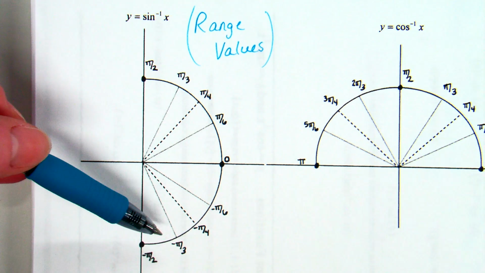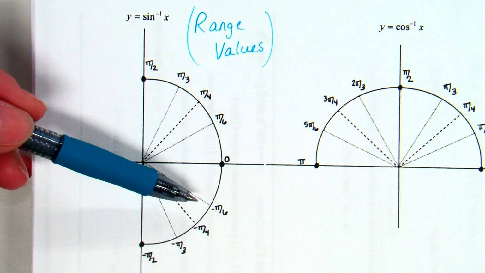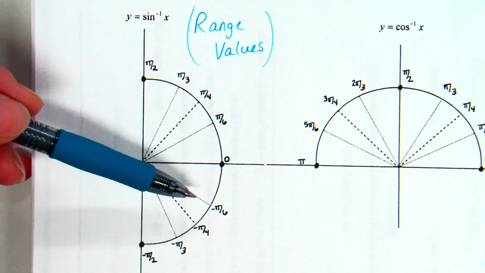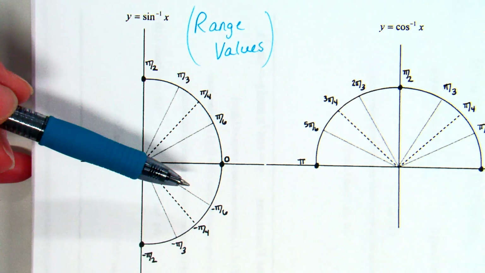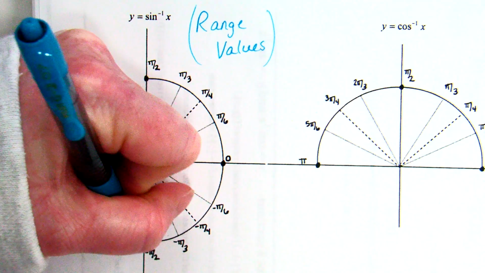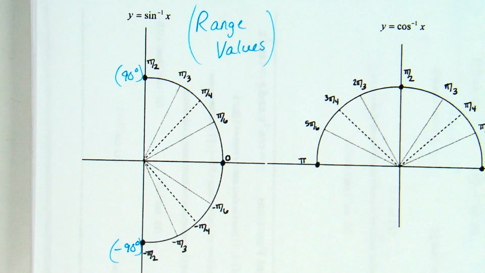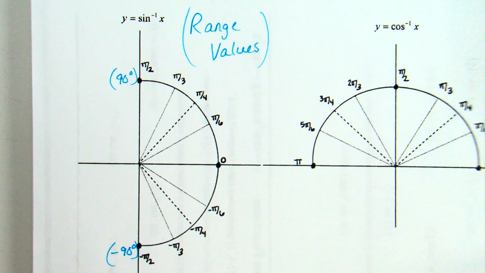So for instance, negative pi over 6, that's equivalent to 11 pi over 6. But if you tell me 11 pi over 6 for an inverse sine answer, I'm going to count it wrong because that's not in the appropriate range. Okay? And we already talked about this is the equivalent of going negative 90 degrees to positive 90 degrees. Okay, you got that half circle in your head? I'll be honest, that's what it comes back to for me, I have to visualize that half circle. Let's try a couple of these.